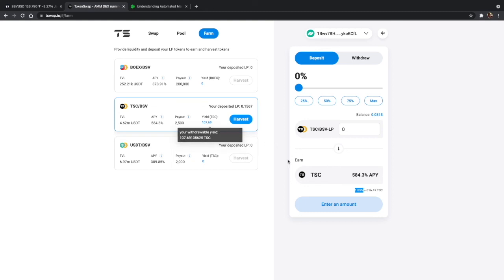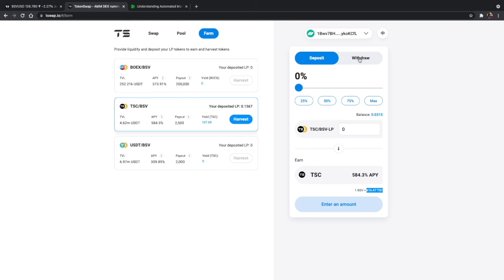So assume that TSC to BSV drops 1-to-1. I just made 107 BSV, if 1 TSC equals 1 BSV. Okay? If 1 BSV equals 100 TSC, then I've just made 100 TSC right here, which is equivalent to 1 BSV.